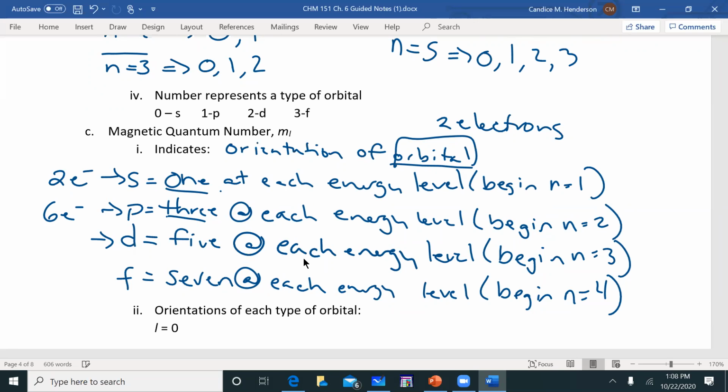D has 5 different orientations, and each holds 2 electrons, so this has a total of 10 electrons. F has 7 different orientations, each holding 2 electrons, for a total of 14 electrons. So my S classroom can hold 2 electrons. All 3 of my P classrooms can hold 6, my D can hold 10, and my F can hold 14.